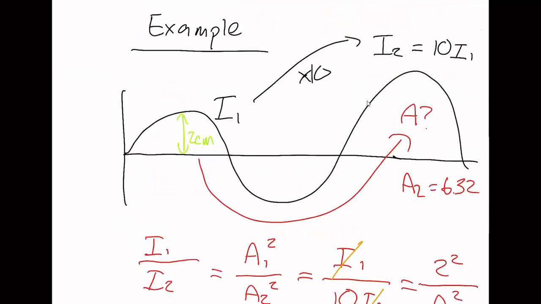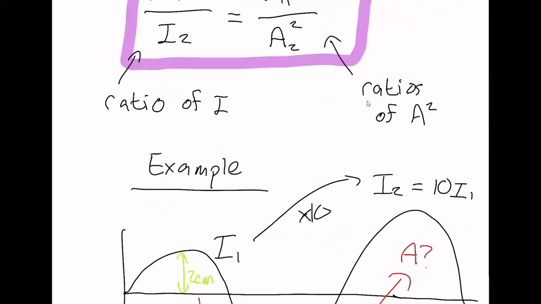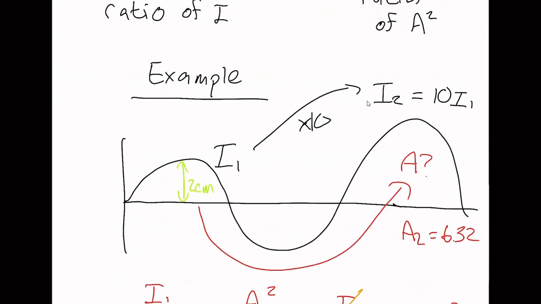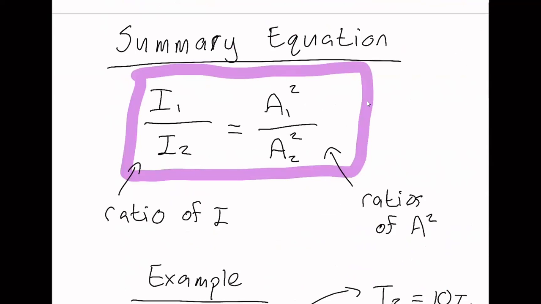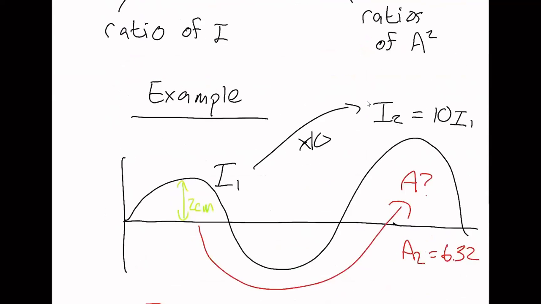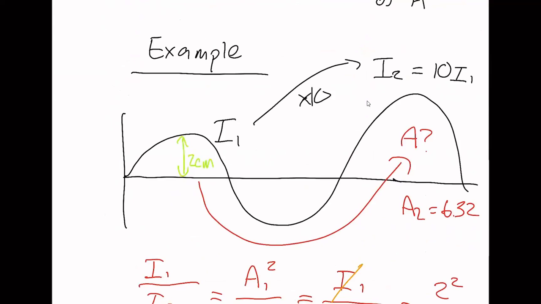All I want you to do is quickly look at this problem and see if you can solve it just using ratios, squaring and factors, without plugging into the summary equation. Then convince yourself that you've actually done the same thing in a different sequence of steps.